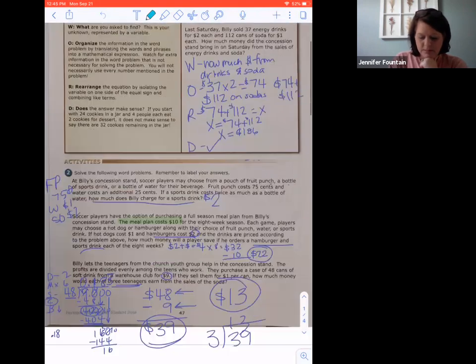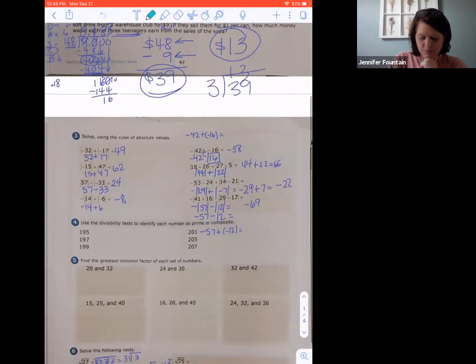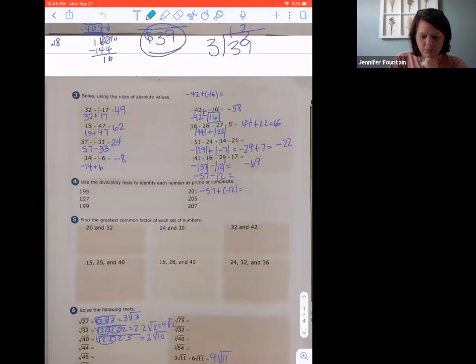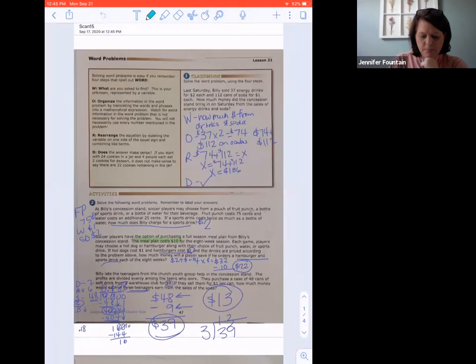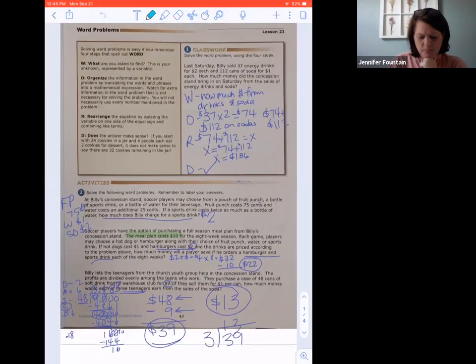We worked with our word problems. Remind me, did we have any homework other than the test? No. Okay, that's what I was thinking. I didn't write anything down, and I thought there wasn't anything but the test. Anyway, okay, good deal.